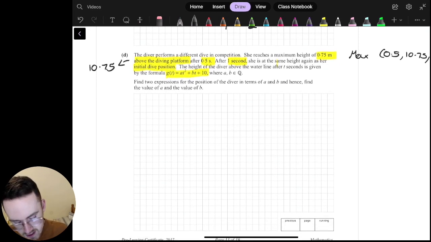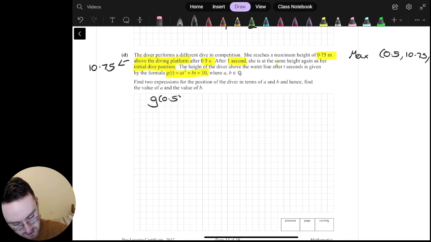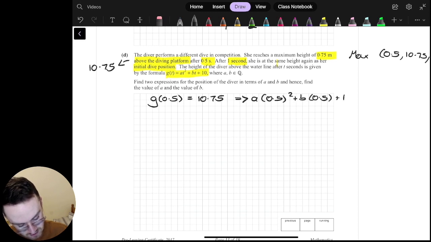So we can use that for our first part here. If we do g of 0.5, we're expecting our answer to be 10.75. So we can try it out. It's a times 0.5 squared plus b times 0.5 plus 10, and 0.5 squared is 0.25.